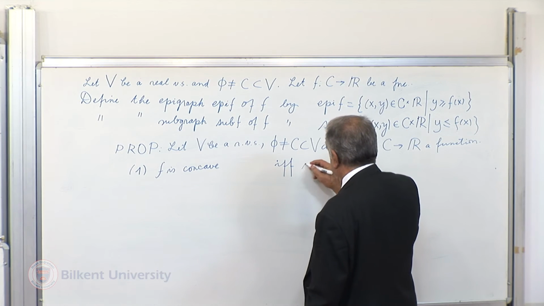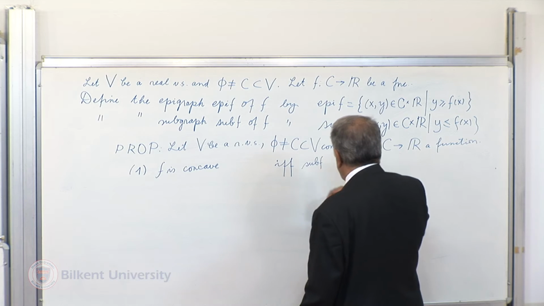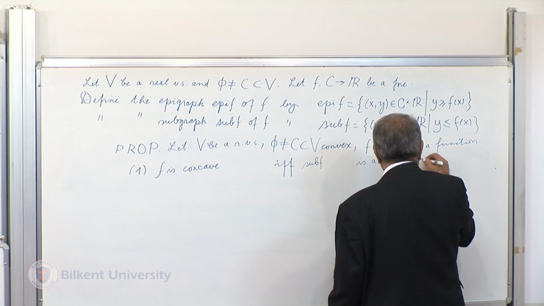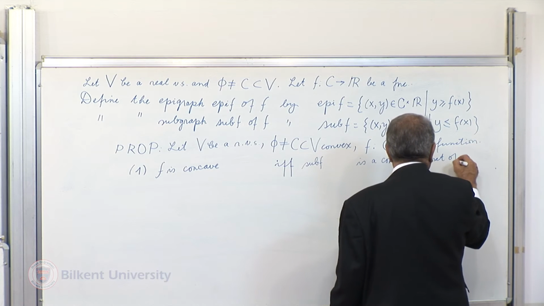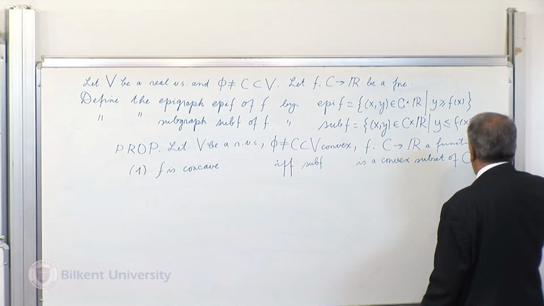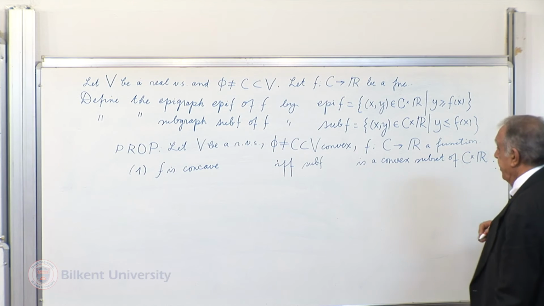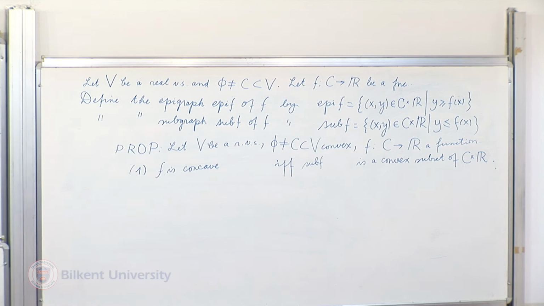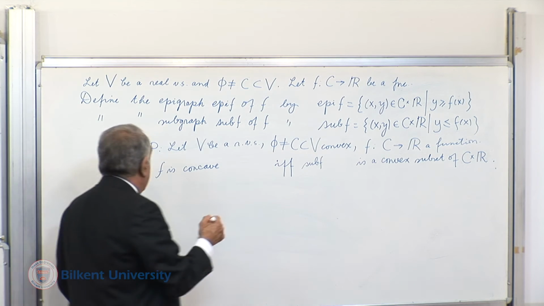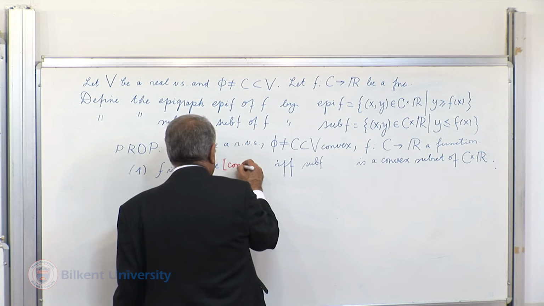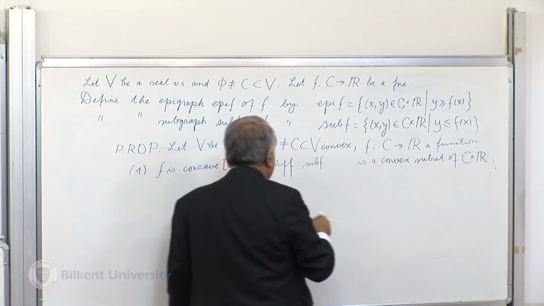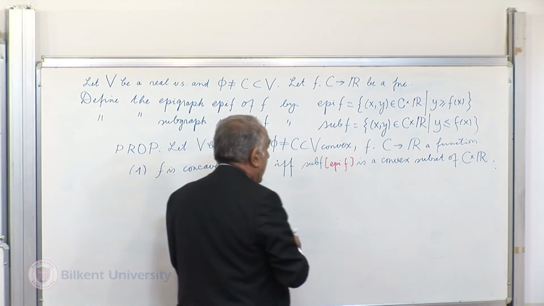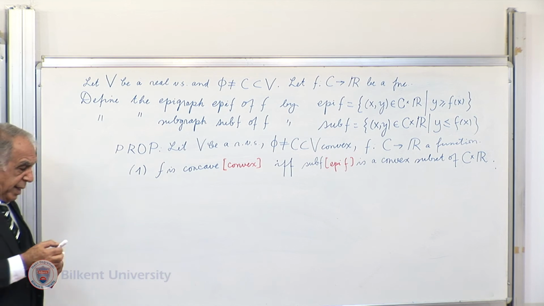If and only if subgraph of F is a convex subset of C cross R. Now, F is convex if and only if epigraph of F is a convex subset of C cross R.